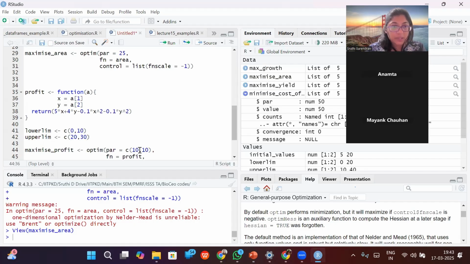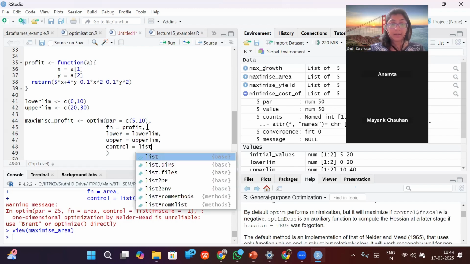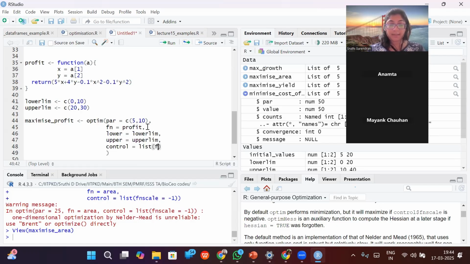Function is profit. Lower is equal to lower limit. Upper is equal to upper limit. Now control is equal to a list with fnscale, the function scale, equal to -1.